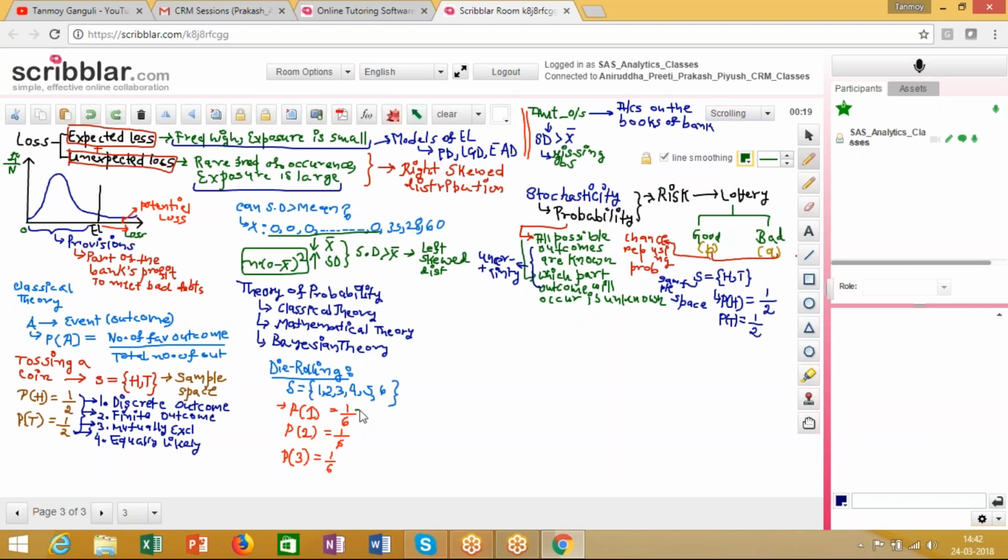Each of these outcomes has the same probability of occurrence. So probability of 1 is equal to probability of 2, is equal to probability of 3, and so on, up to probability of 6.